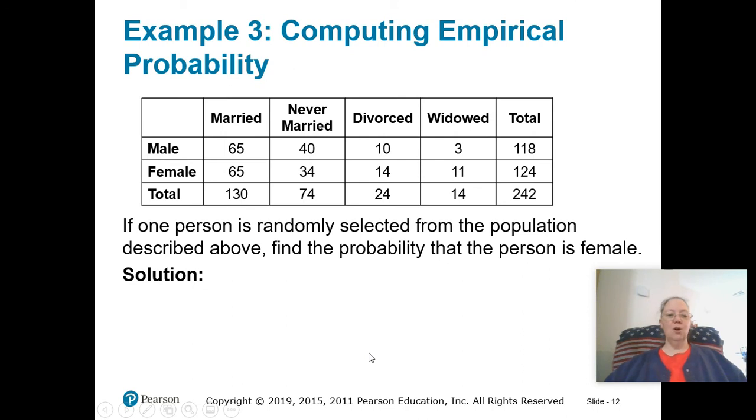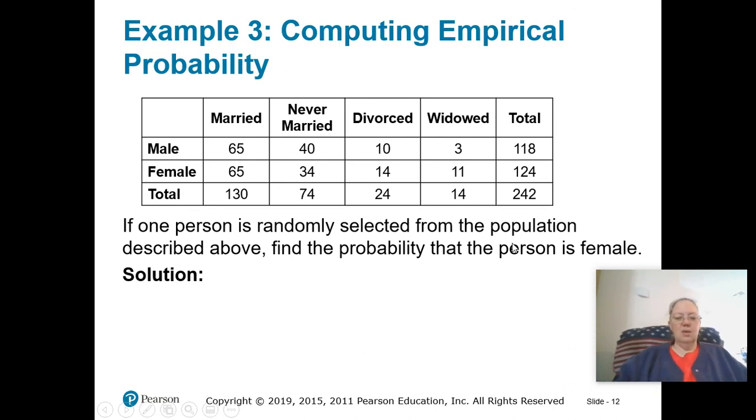One person is randomly selected from the population. Find the probability that the person is female. So you're going to look and see how many females there are that were surveyed out of the total population.